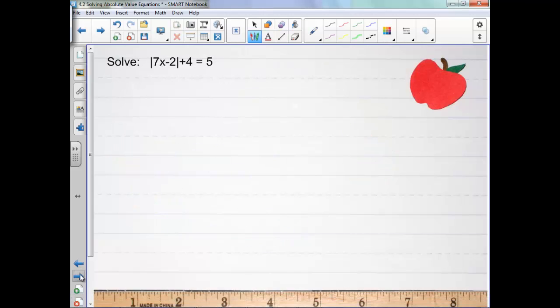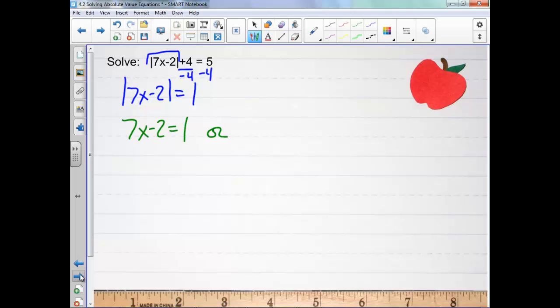Now here, the only difference is we have this plus 4 in there. We need to get this absolute value by itself first. So let's go ahead and do that by subtracting the 4 from both sides. So now we'll have the absolute value of 7x minus 2 equal 1, and we can break it up the same way we just did and have the positive and the negative.